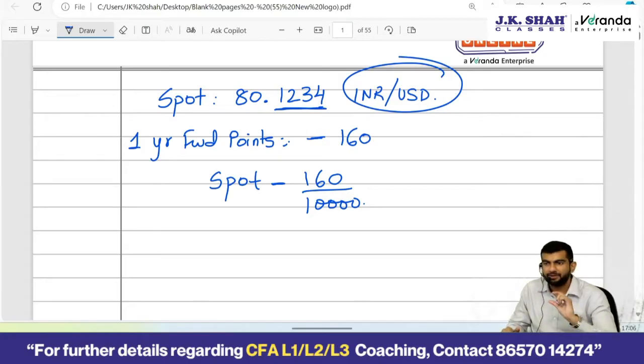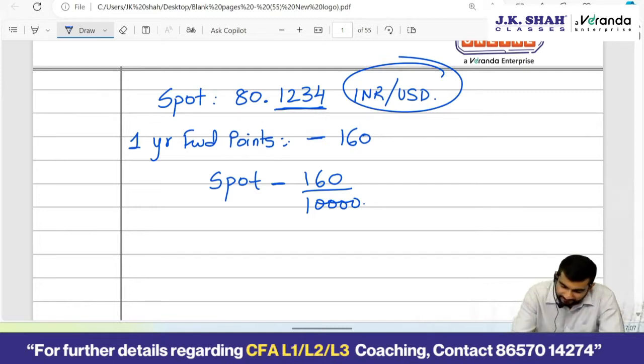Okay, now coming to the concept of spot and forwards again, between two currencies, which currency trades at a forward discount? The country where interest rates are high or low? High. The country where interest rates are high, that currency trades at a forward discount, and the country where interest rates are low, that currency trades at a forward premium.